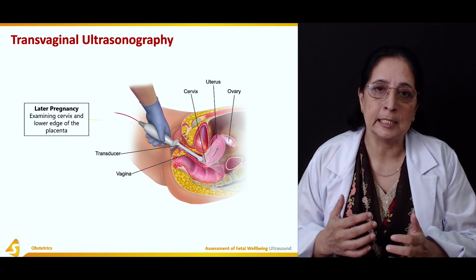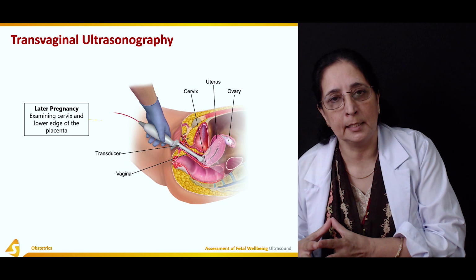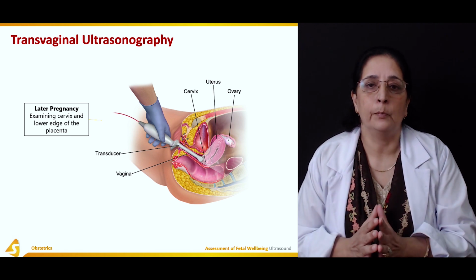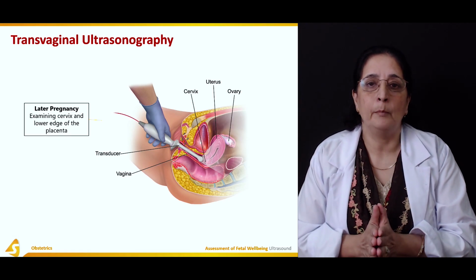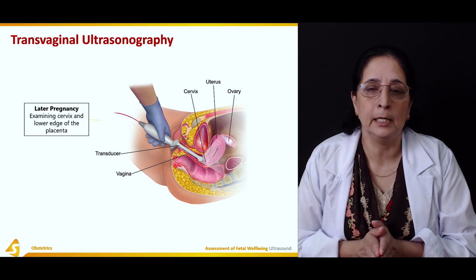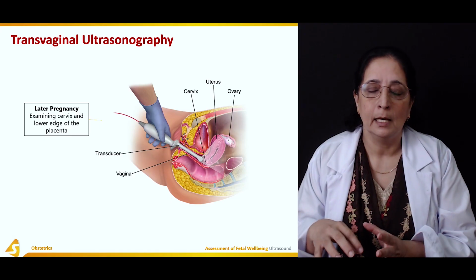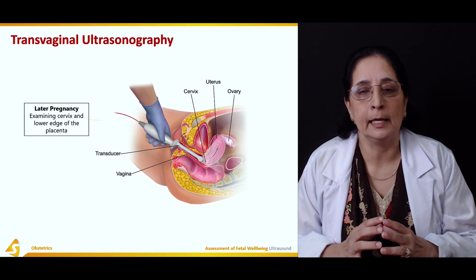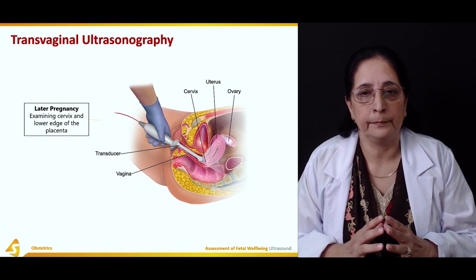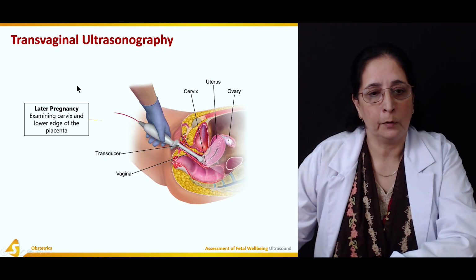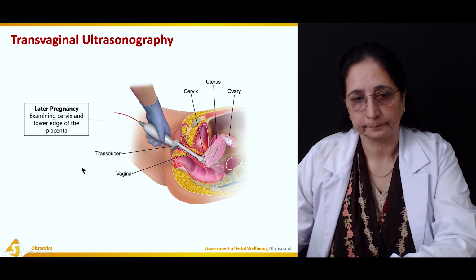So if the patient has a low-lying placenta, usually they should go for C-section. It's very important that the diagnosis about the position or location of the placenta is made late in the pregnancy. If normal vaginal delivery is tried in these females, it can lead to serious hemorrhage and loss of the baby. So it's important to examine the cervix and the lower edge of the placenta.